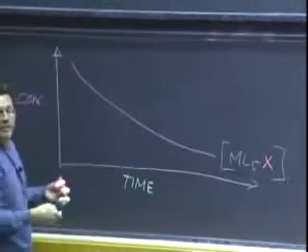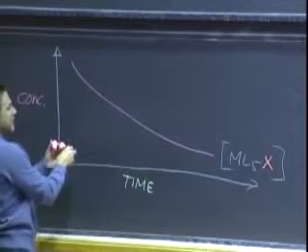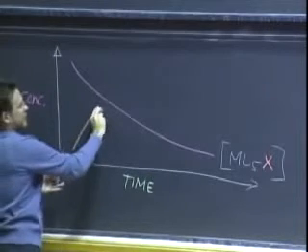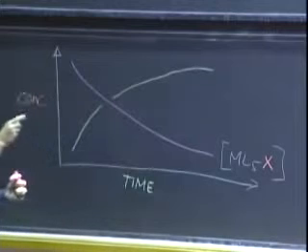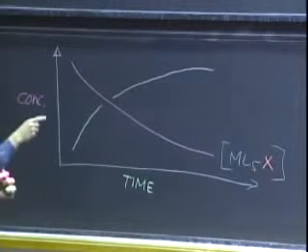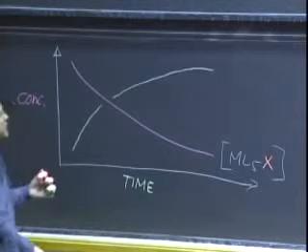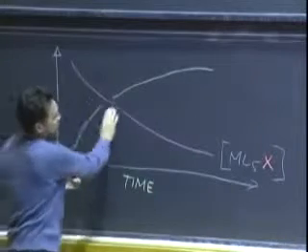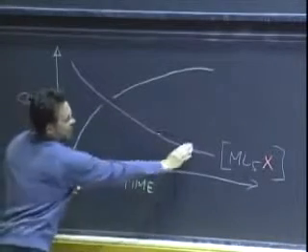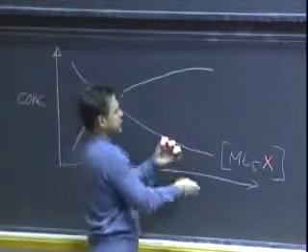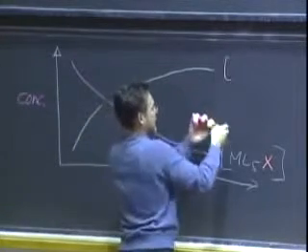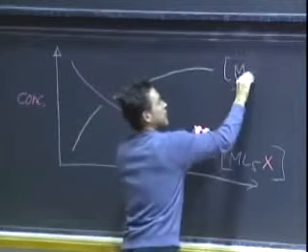You seek an expression for that. There are different methods to carry out the integration required for more complicated rate laws than appeared there for the pseudo first order mechanism. But simultaneously, as ML5X decays, the concentration of ML5Y would be increasing.